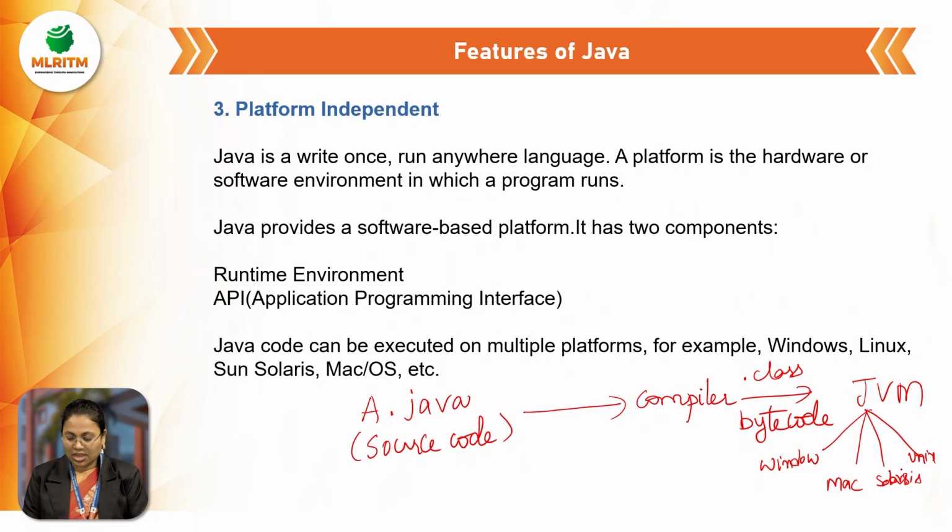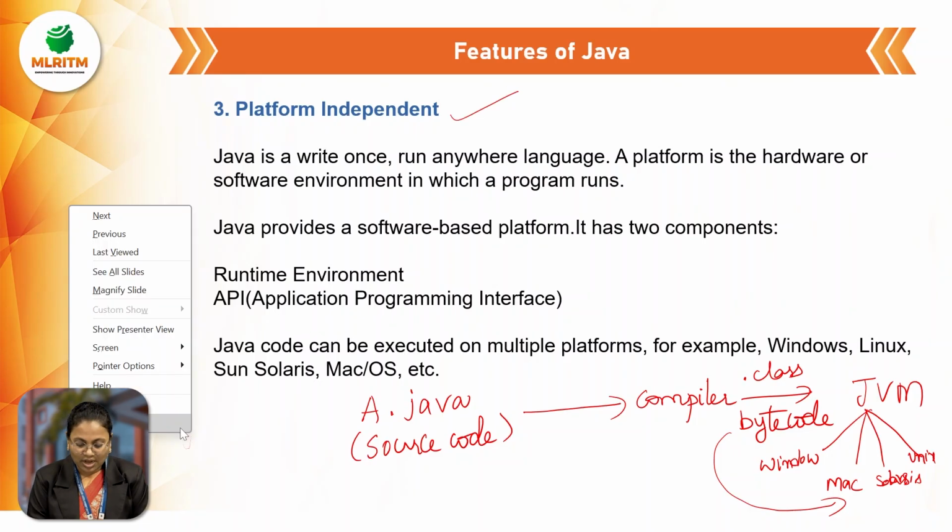If I want to run my Java program on my Mac operating system, I need not develop the Java program again. I just take the bytecode and execute the program directly without writing it again. Once we generate the bytecode, it can be executed on any platform, any operating system. That's why we say Java is platform independent.